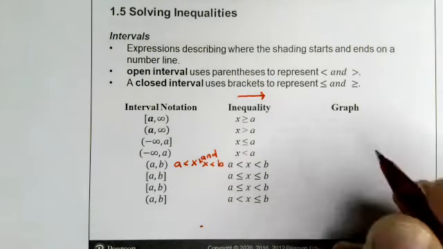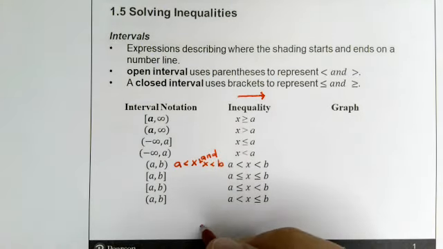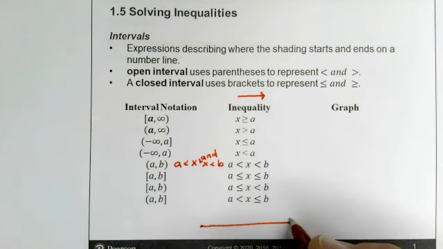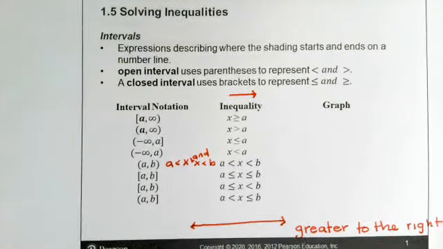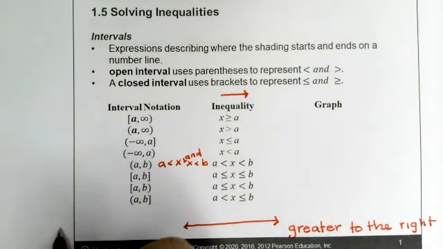So when we're graphing, we're thinking about a number line. And if you're talking about greater, you're always talking about this direction. So greater is always to the right. Lesser is to the left.